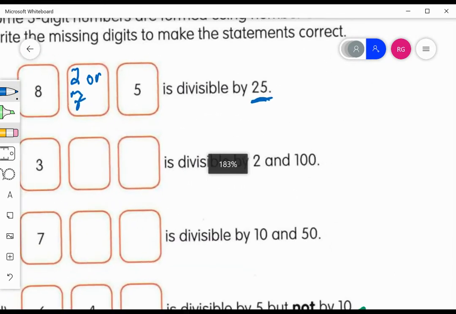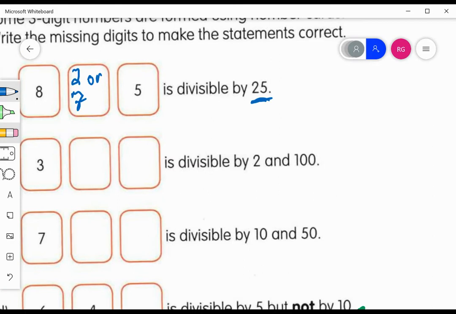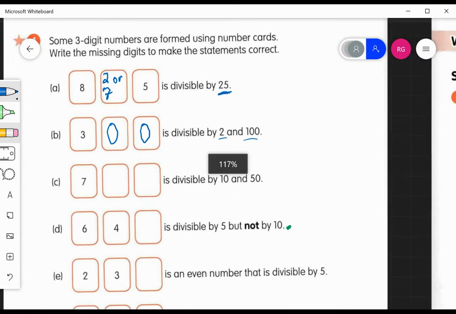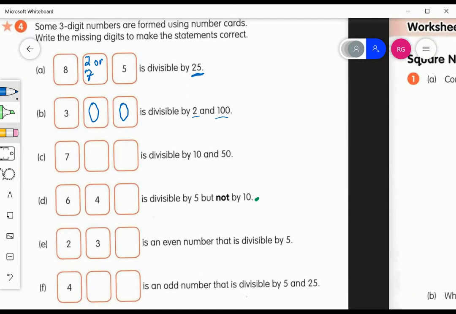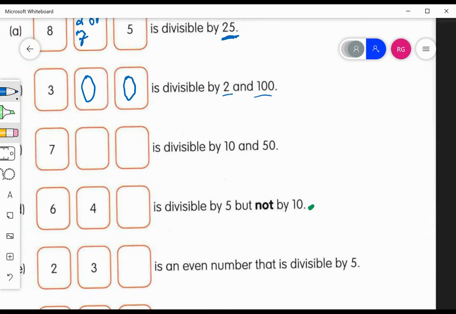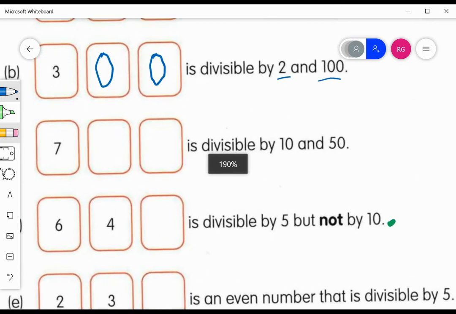Okay, so this is 3 blank blank is divisible by 2 and 100. You should have said 300. That's the only number that'll work there. Okay, for the next one, number 7, it has 7 blank blank is divisible by 10 and 50. Well, there's two we can put here actually.